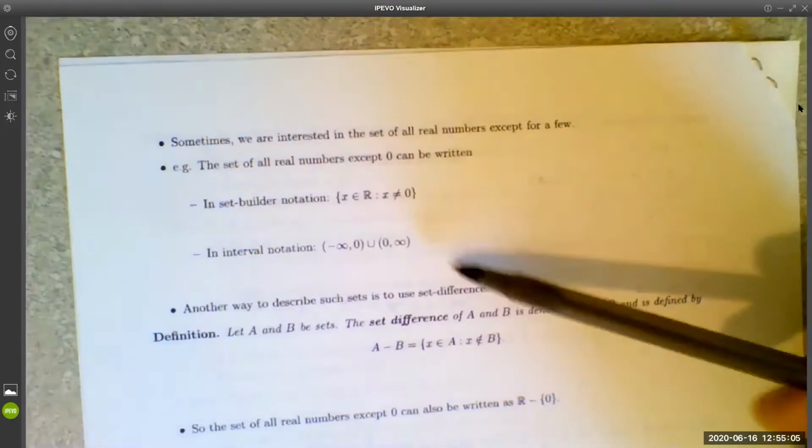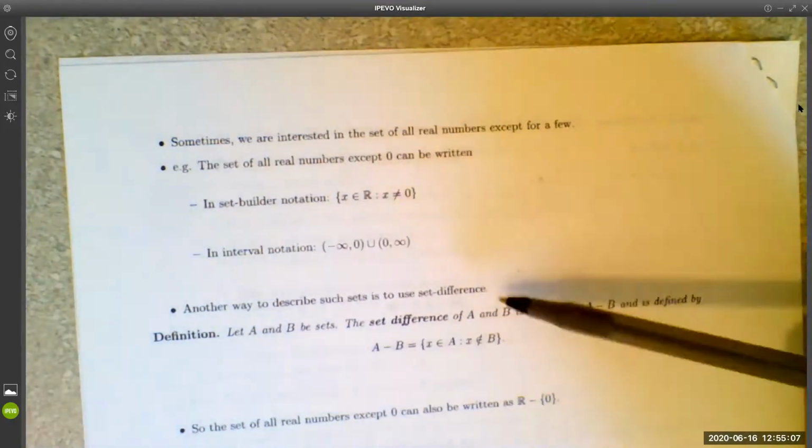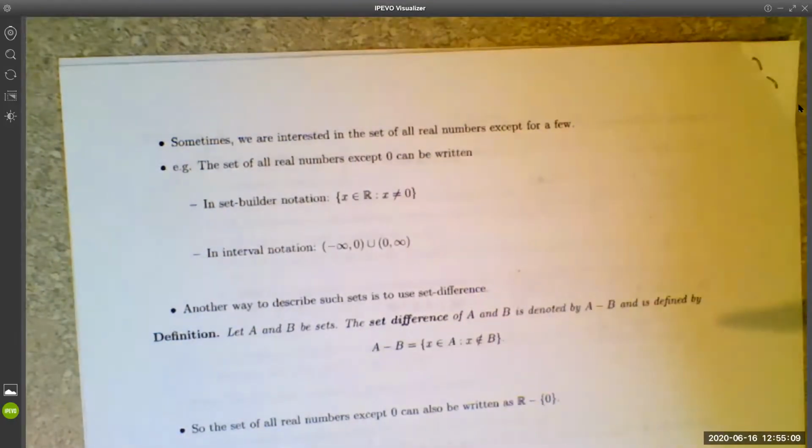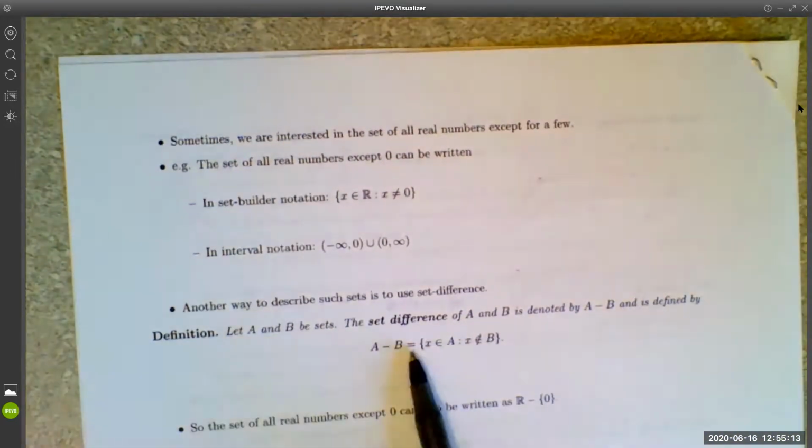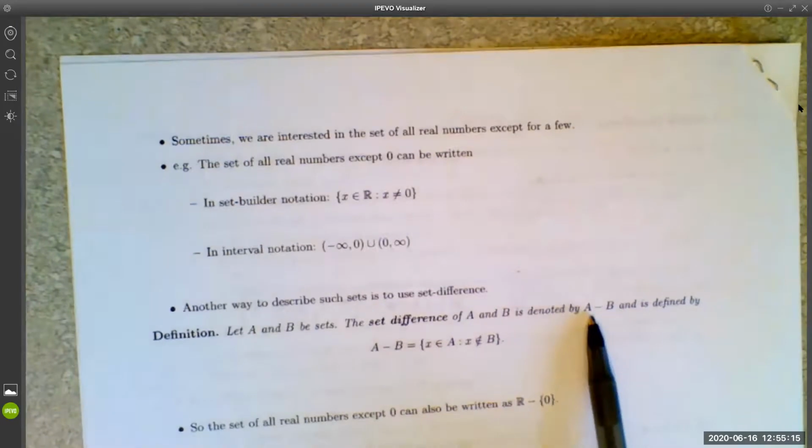Another way to describe this same sort of set is to use what's called set difference. So suppose that A and B are sets. The set difference of A and B is denoted by A minus B, and it's defined this way.